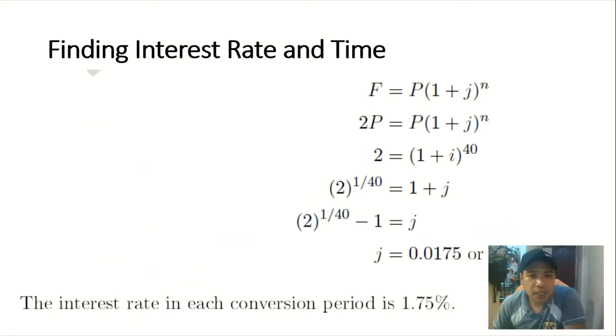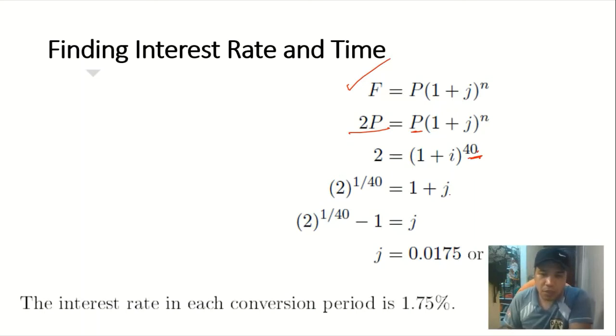From there, this is the formula: F is 2P, P is still P, times (1 plus j) raised to n, and n is 40. So 2P over P is 2, equal to (1 plus j) raised to 40. On the other side, 2 raised to 1 over 40 is equal to 1 plus j.